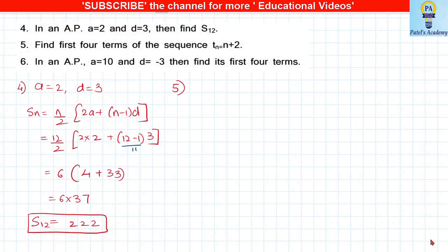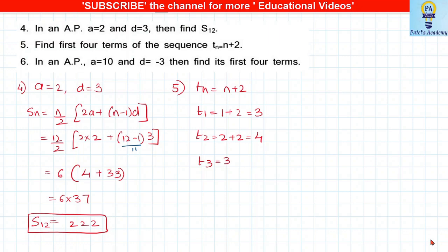The next is find first four terms of the sequence. Okay, so they have given Tn equals n plus 2. You have to find out the first four terms. So T1 means instead of n I'm going to substitute 1, that is 3. If it is 2, instead of n I'll write down 2, I get 4.